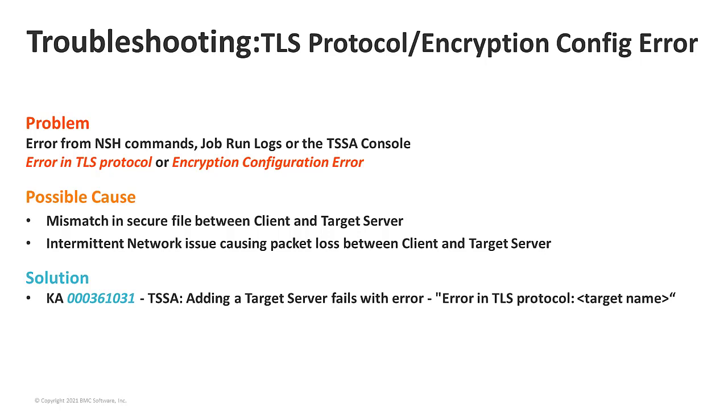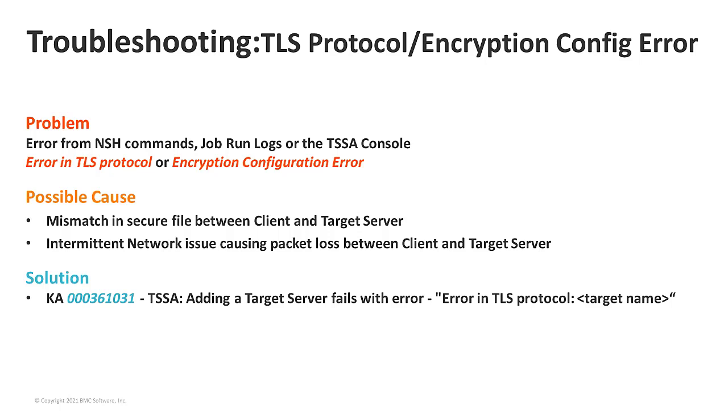Here source will be the application server and destination will be the target RSCD agent. So when we are going to troubleshoot this issue, we need to start from checking the secure file, agent ACL, rest of the ACL files, and review the rscd.log file to see what messages are getting logged when this particular error is logged on the console or job run log.